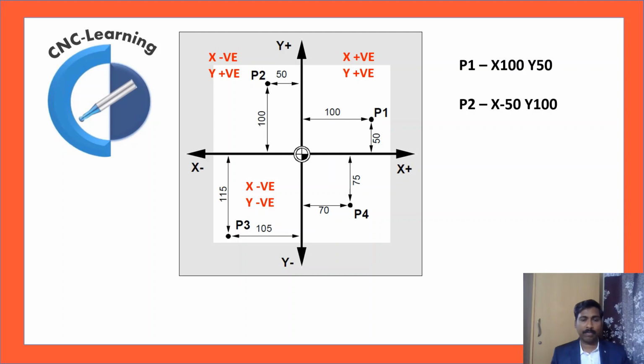This P3, X is minus 105 and Y is minus 115. Now look at the fourth quadrant. X axis will be positive and Y axis will be negative. So this point P4 will be X 70 and Y minus 75.